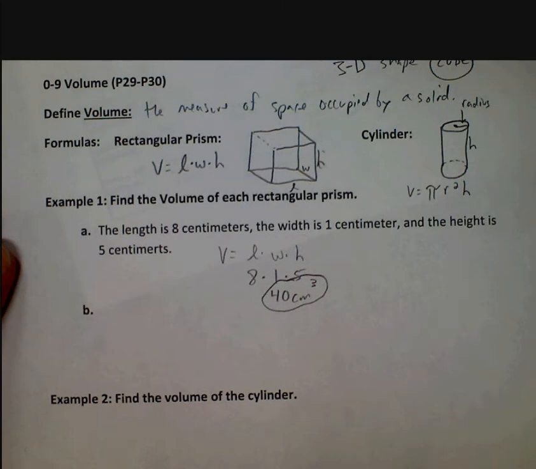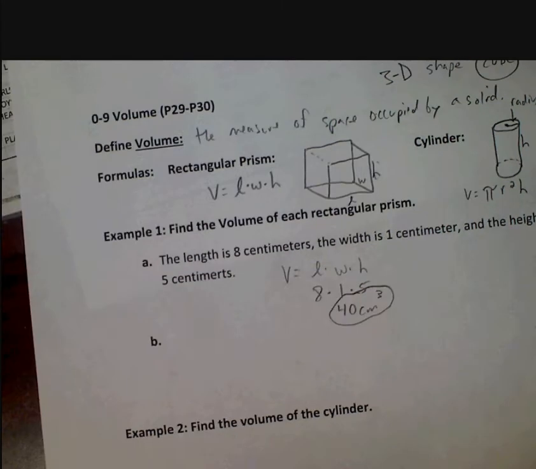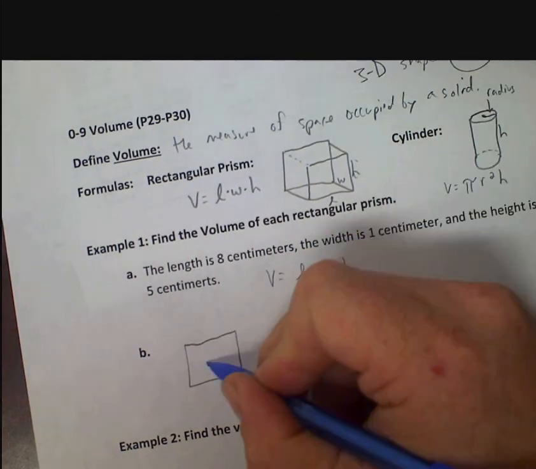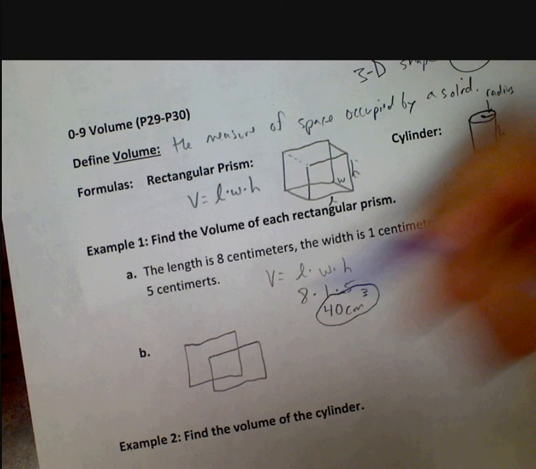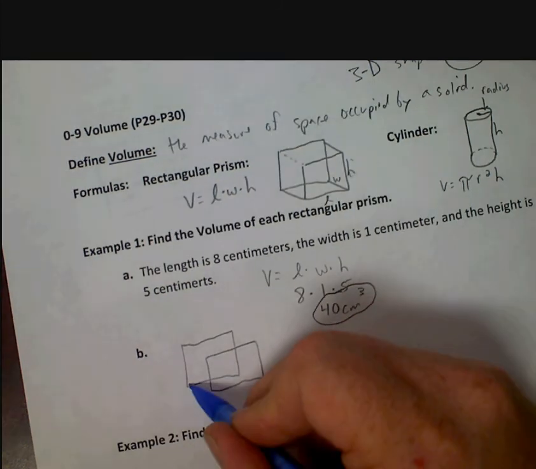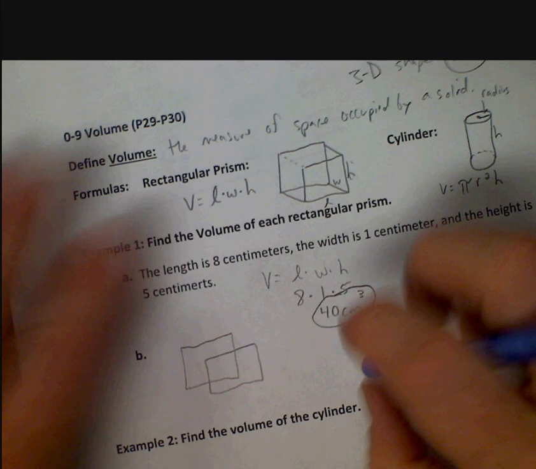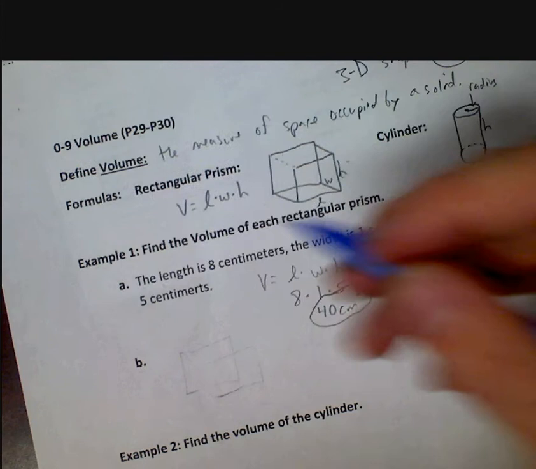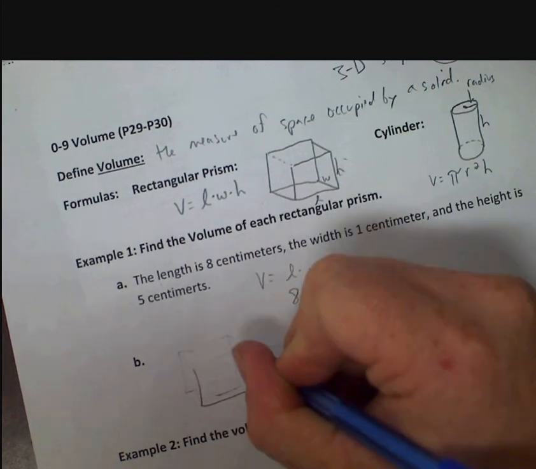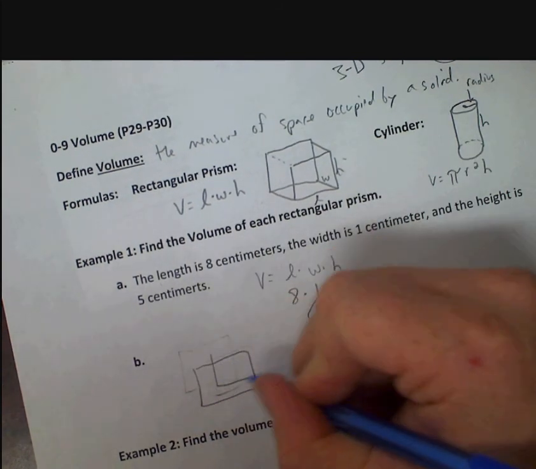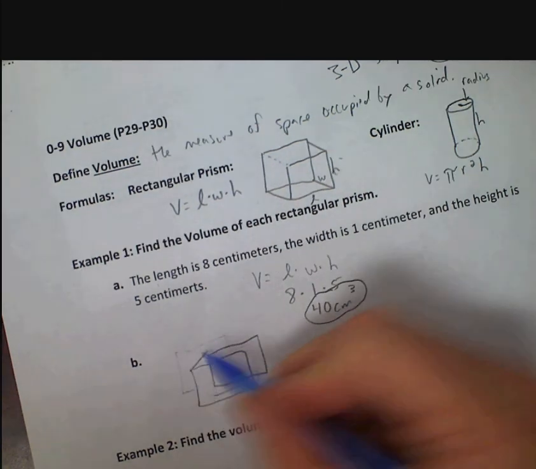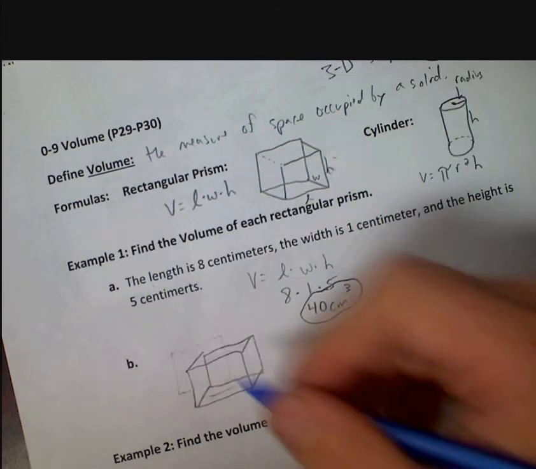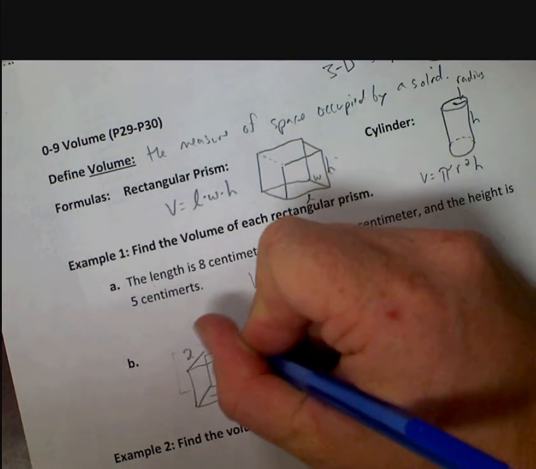Letter B. They give me a picture that looks like this. Mine's a little off. Sorry about that. It's hard to draw these 3D rectangles. We will get better and better the more that we do it. So there's my rectangle. And I have 2 feet, I have 4 feet, I have 3 feet.